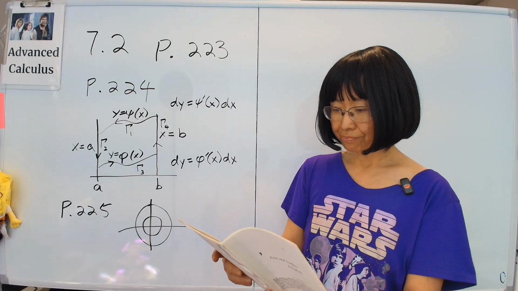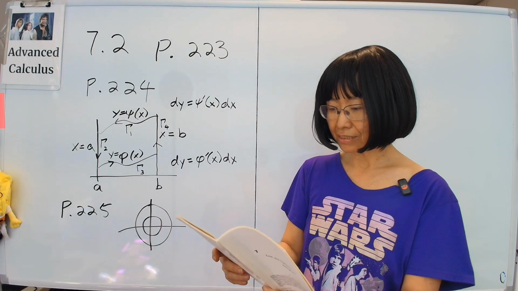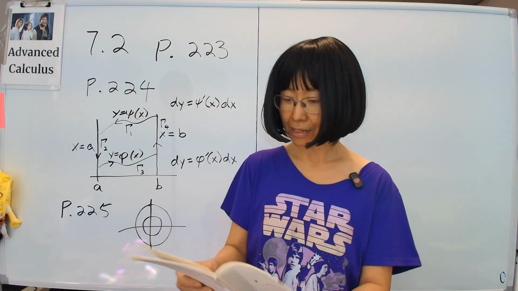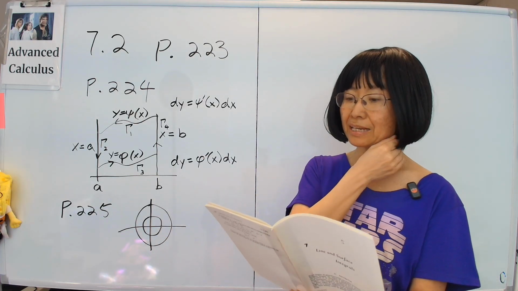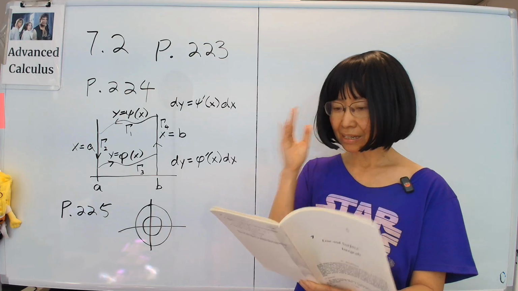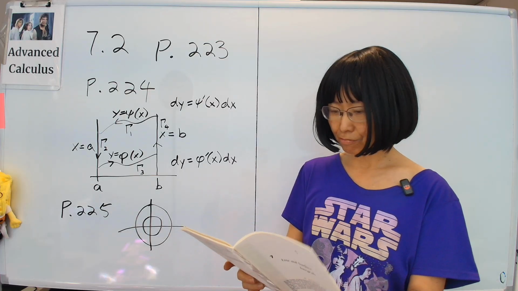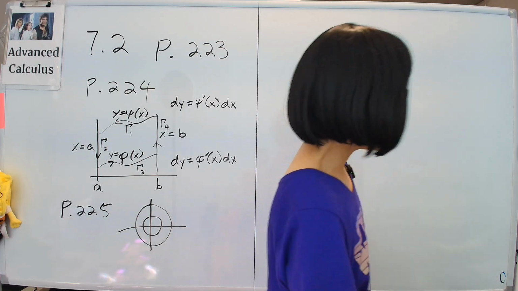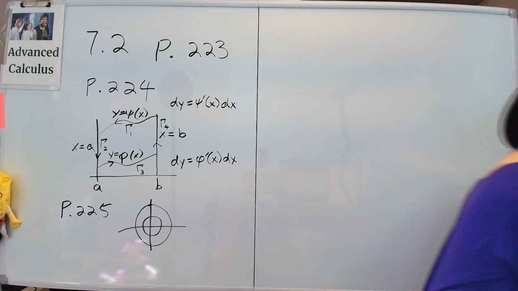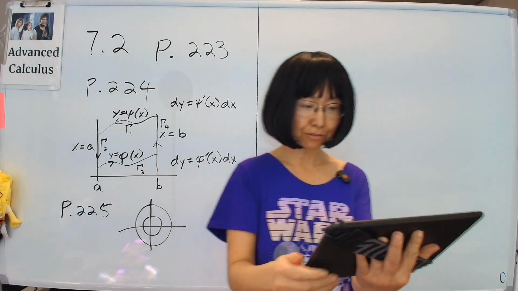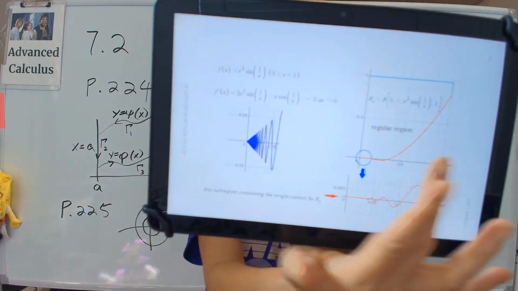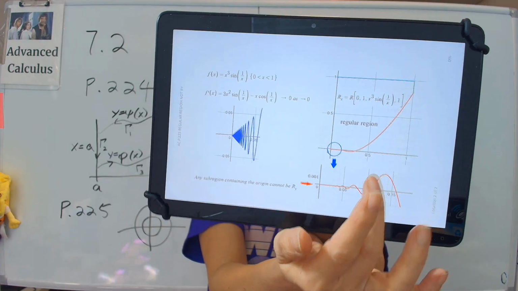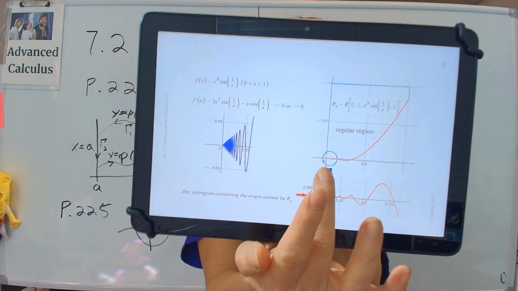As an example of a region that cannot be cut this way, the book gives us the region Rx equal to 0 to 1, x cubed sine 1 over x, and 1. And as for why this one cannot be cut into Ry, I drew this thing out. Okay, you can see that this is an Rx, but it has a complication at the origin.